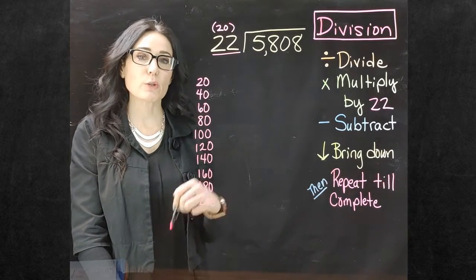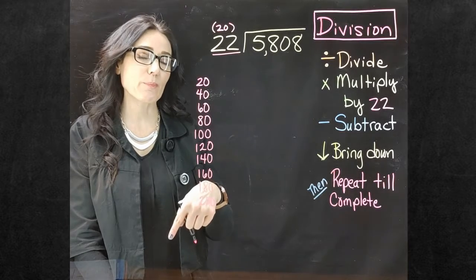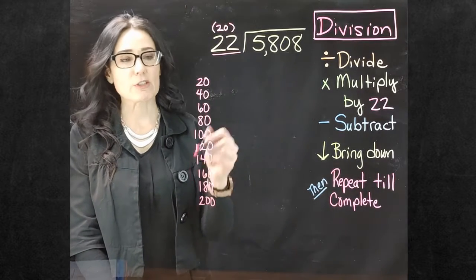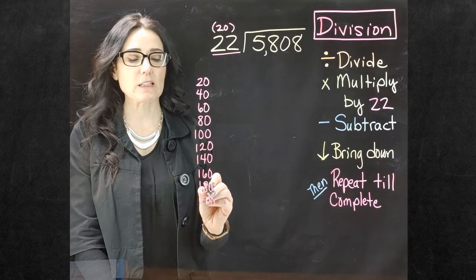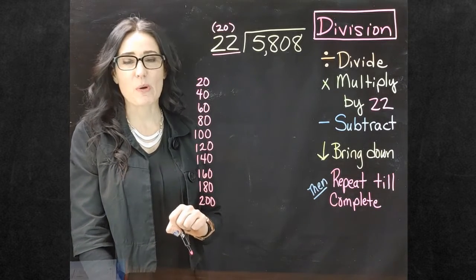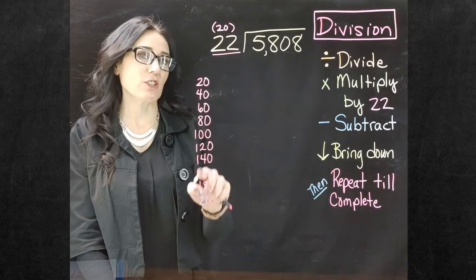If you wanted to, you could just multiply by 2 and then add zeros. So I could have done 2, 4, 6, 8, 10, 12, 14, 16, 18, 20, and then added a 0 to all of them to count by 20s. So this is just going to be my guide.